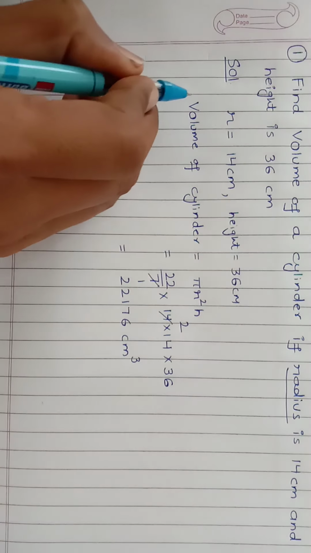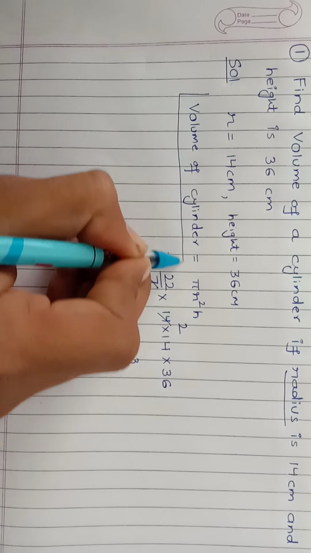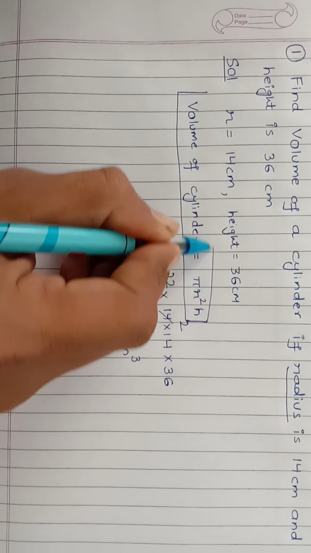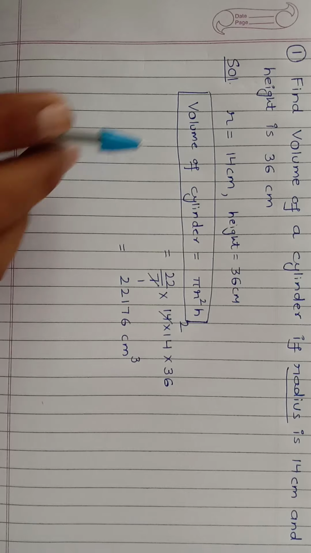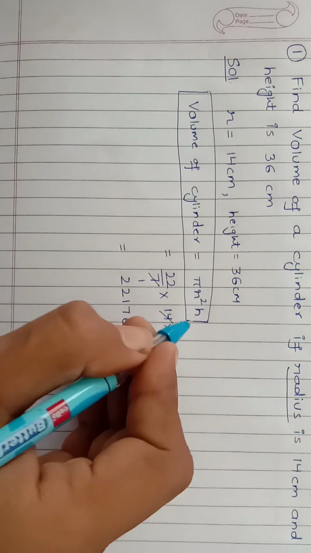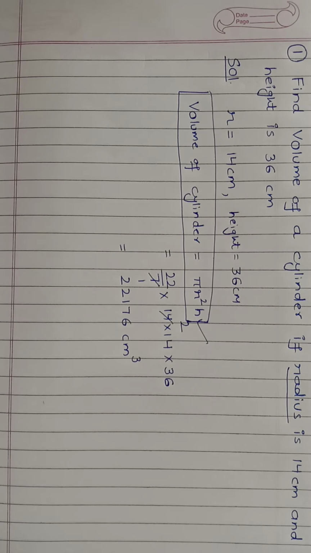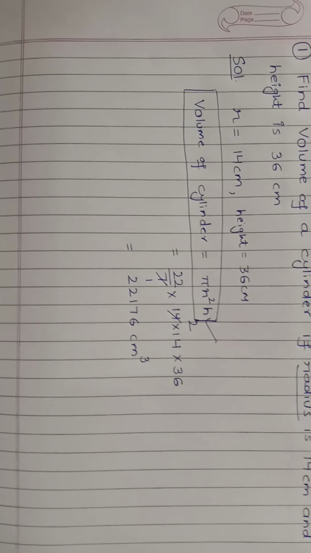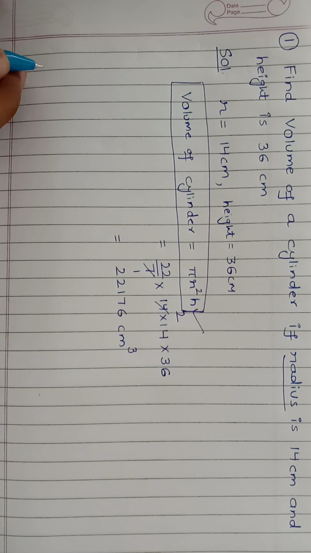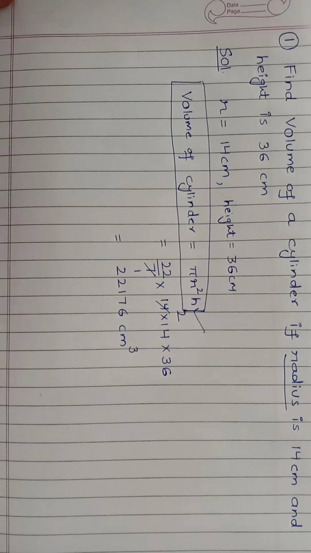So you have to keep in mind only the formula, how to find volume of a cylinder. This formula you have to keep in mind and you can find volume. Same way you can find CSA. How to find CSA?